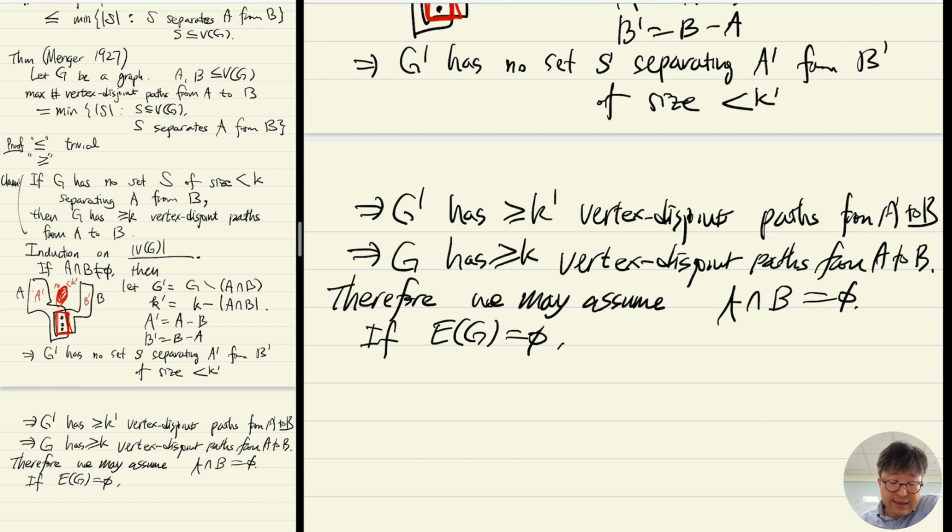Any subset S is separating A from B. So that means K is at most 0. If K is bigger than 0, then the empty set is separating, but that's not possible.